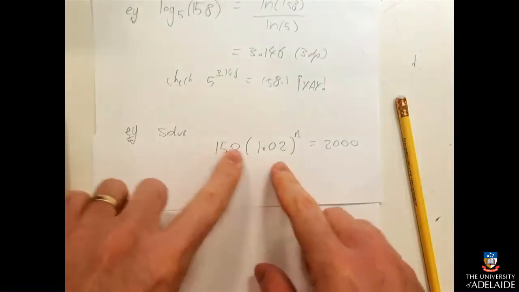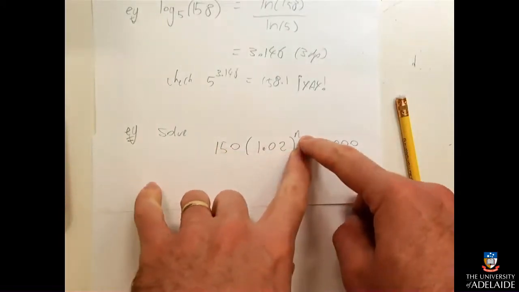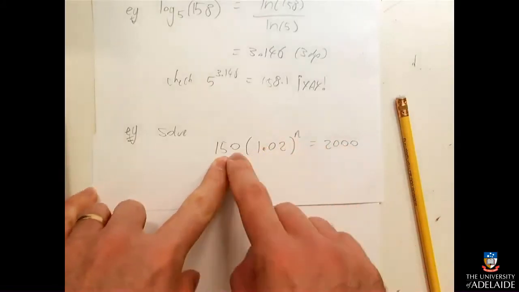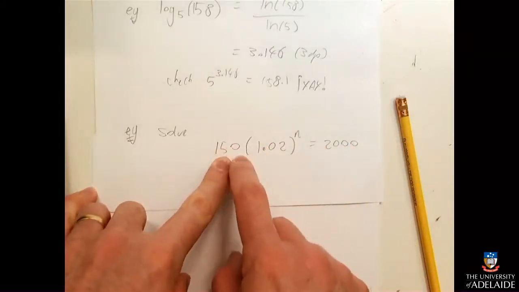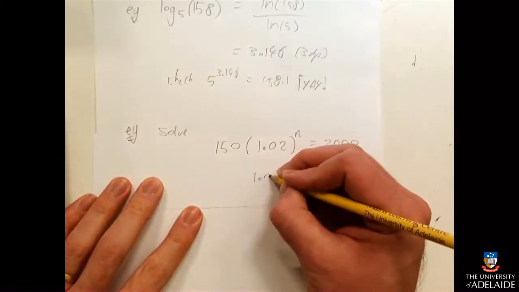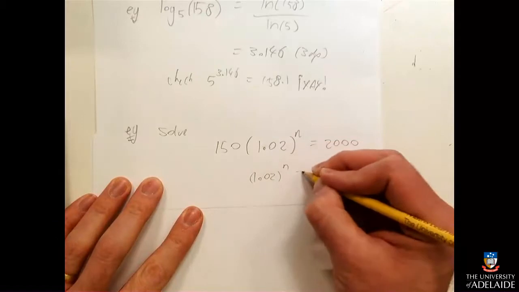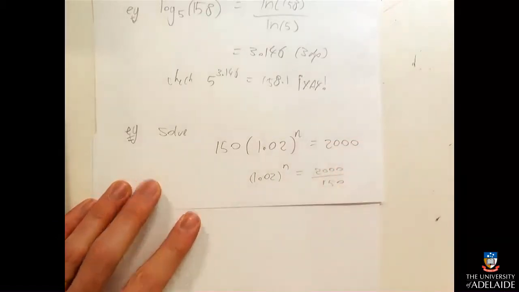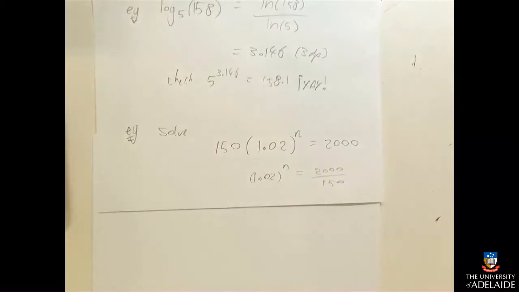This 1.02 has got a power of n. The powers are sort of the strongest thing, and then multiplication. So it seems like getting rid of the 150 is going to be easier first, so I'll divide by that. Whatever that is, it's not going to be pretty because 15 doesn't actually go into 200.